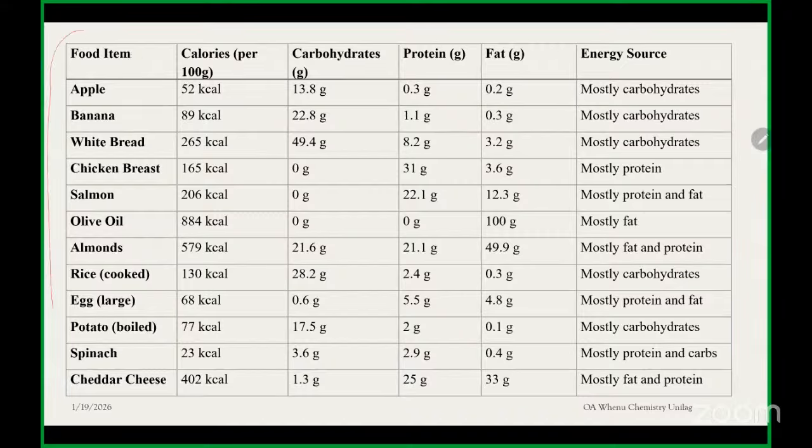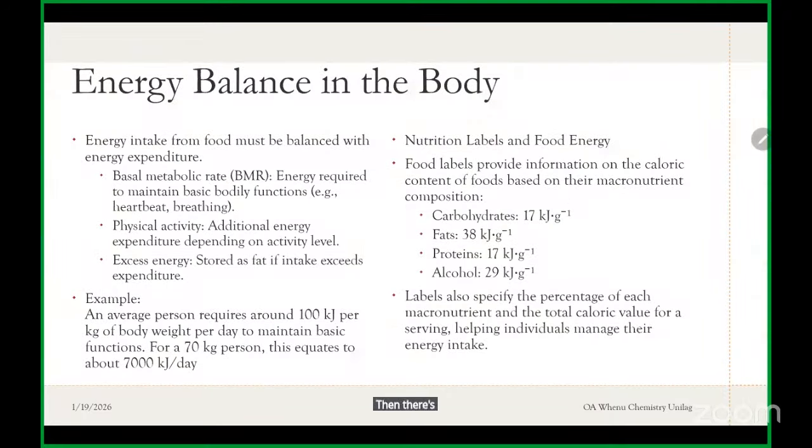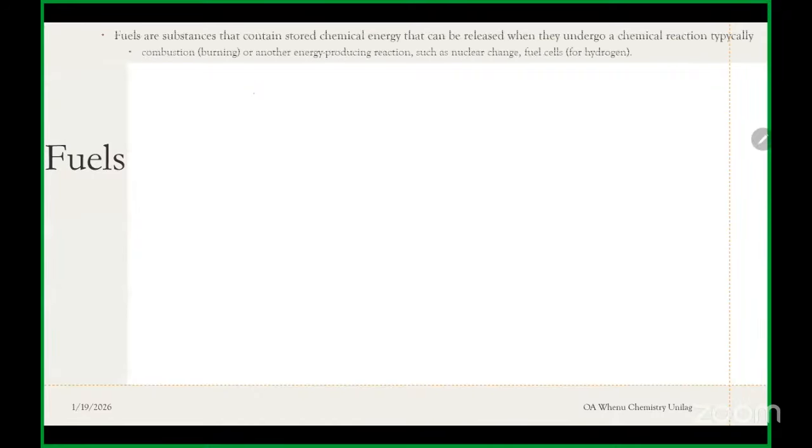These are the different kinds of food items, per 100 grams. Then there's that of fuel too: fuel substances that contain stored energy that can be released.